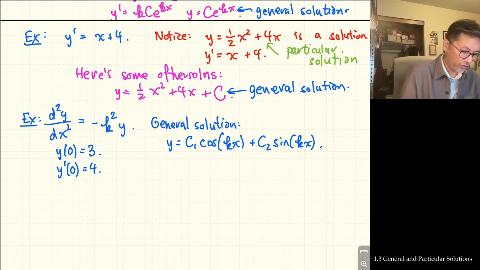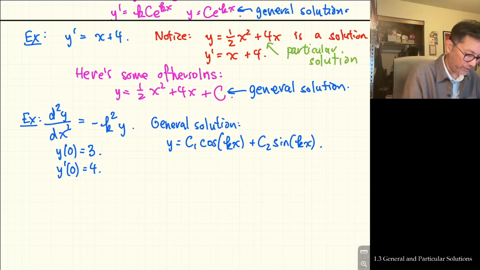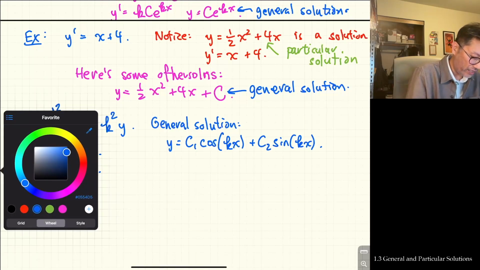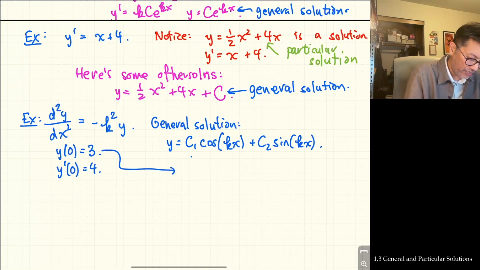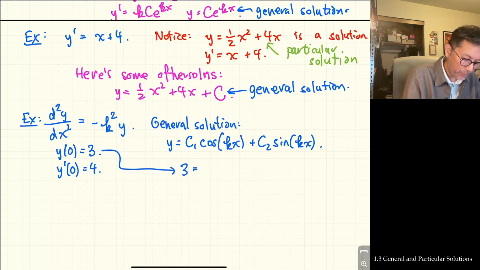All right, so how? Well, if we plug in 0 here, so let me take this condition here and say, okay, y of 0 must be 3. That means that 3 must be what I get when I plug in 0 into this expression right here.